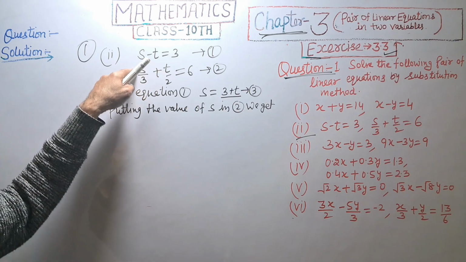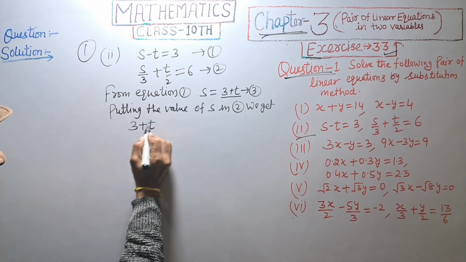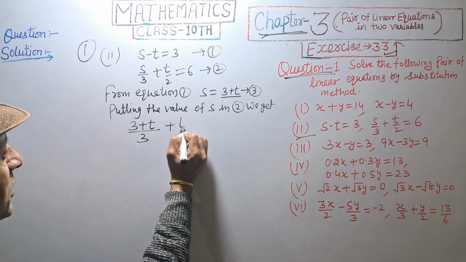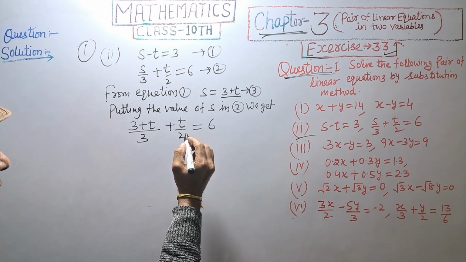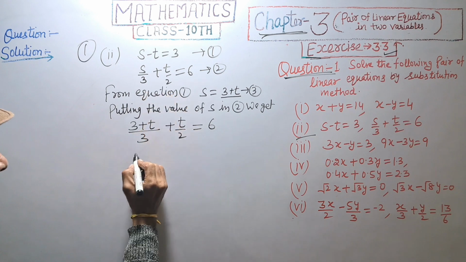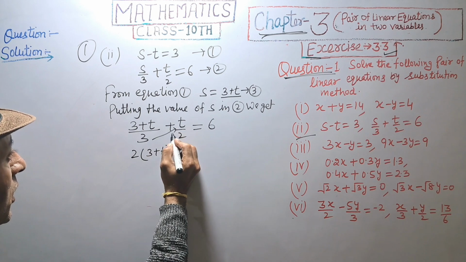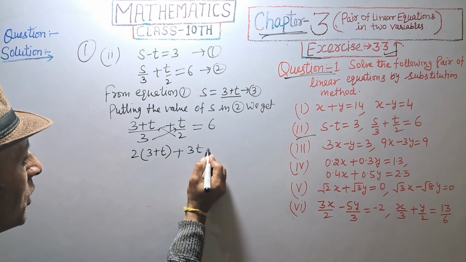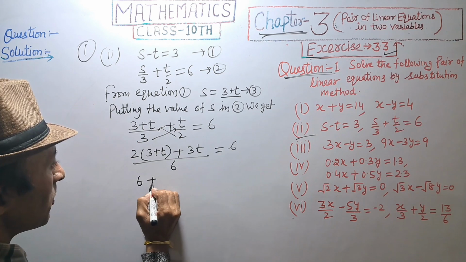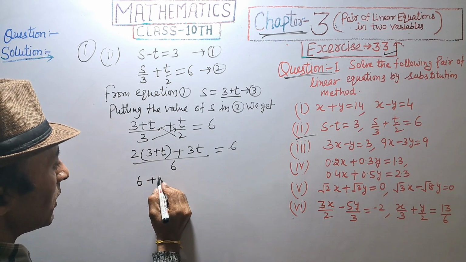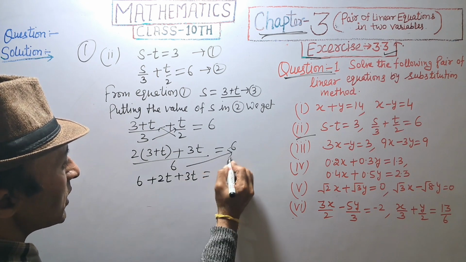We are putting in this equation second, (3 plus t) divided by 3 plus t upon 2 is equal to 6. 2 multiplied by (3 plus t) plus 3 into t, 3t divided by 3 2s are 6 is equal to 6 plus 2 multiplied by t, 2t plus 3t is equal to 6, 6 6s are 36.